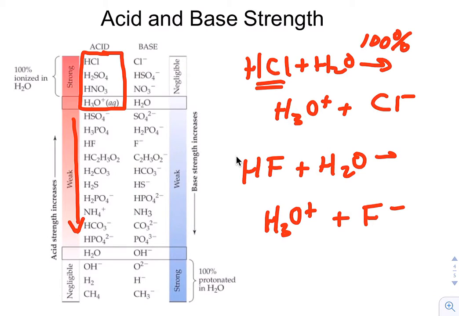So this maybe goes, probably less than 1% of those HF molecules will break apart and protonate the water to go this way. So in actuality, most of it stays as HF molecules. And so we want to think about what that looks like on the particle level. And we'll go over some examples of that in class.